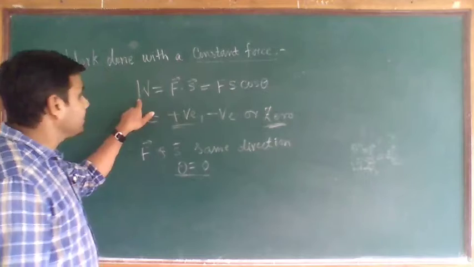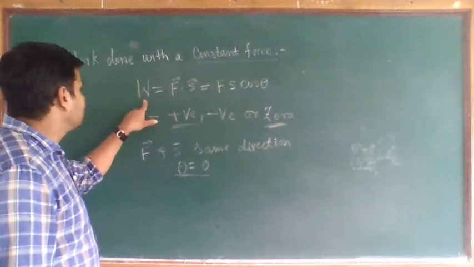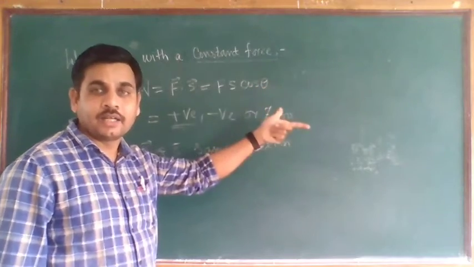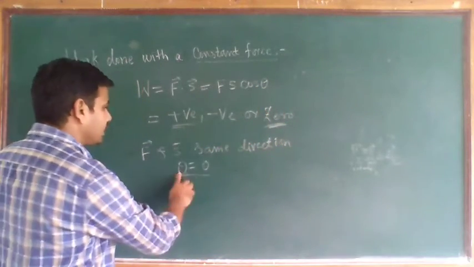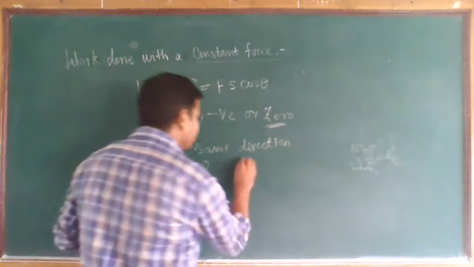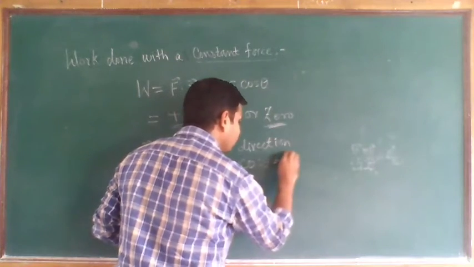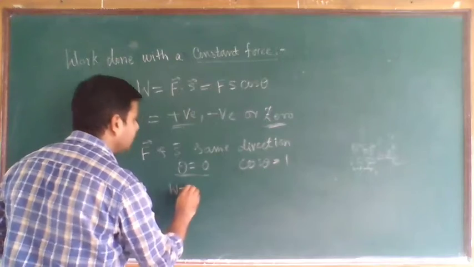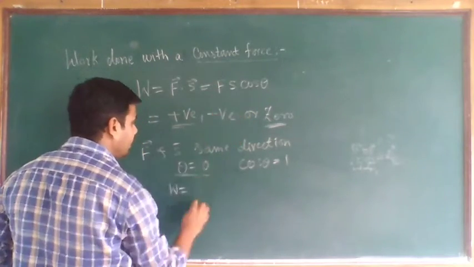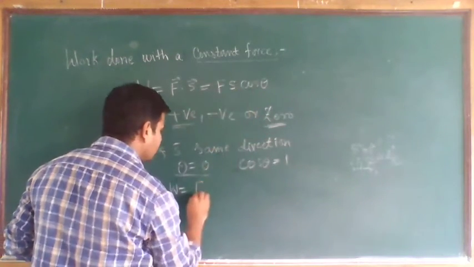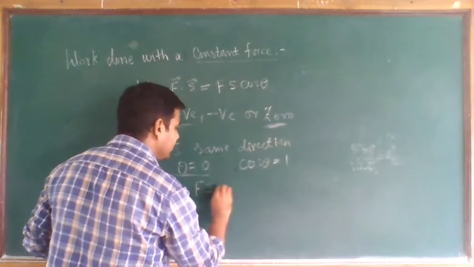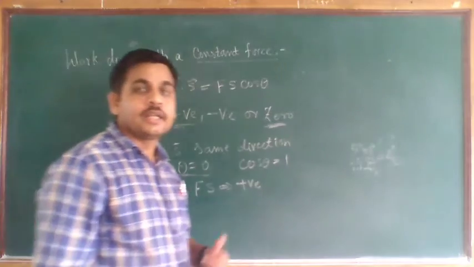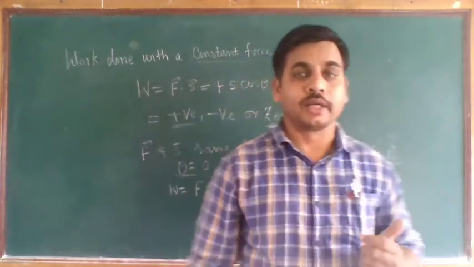In the equation for work done, W is equal to F s cos theta, if theta is equal to 0, then cos theta is equal to 1, so W is F into s. Basically it gives a positive value, so there will be positive work done.